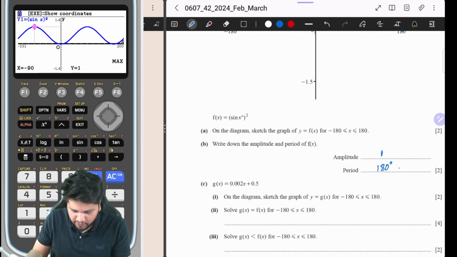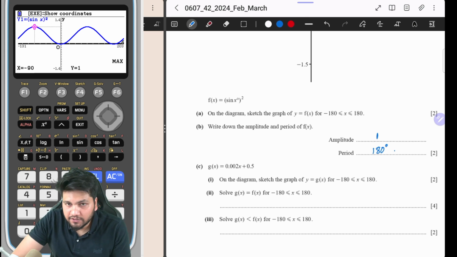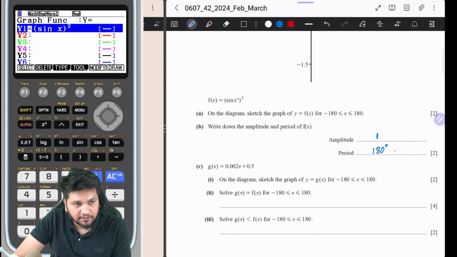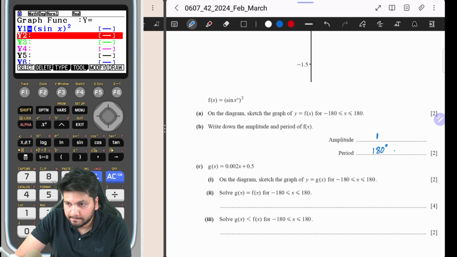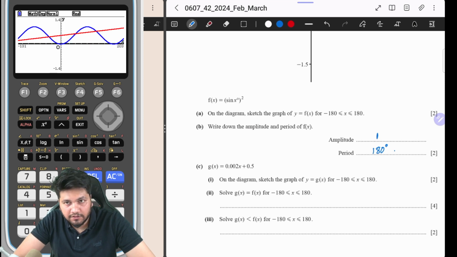Now g of x is 0.002x plus 0.5. On the diagram, sketch the graph of y is equal to g of x for minus 180 to 180. So same thing, we just have to draw this graph. I've just written this equation, and once you draw it, this is how the graph will look.